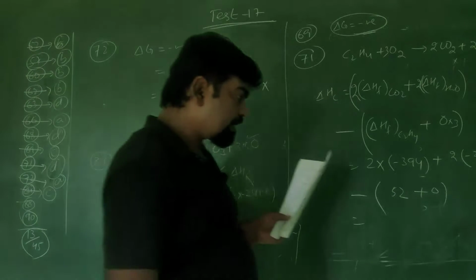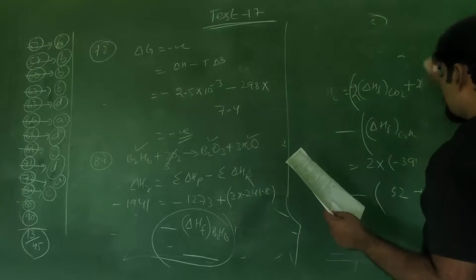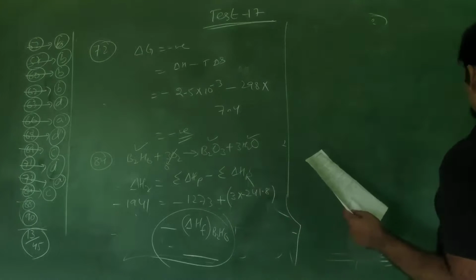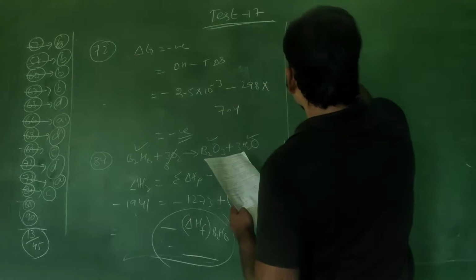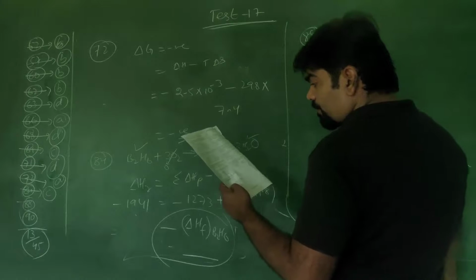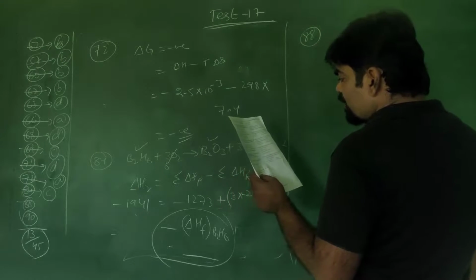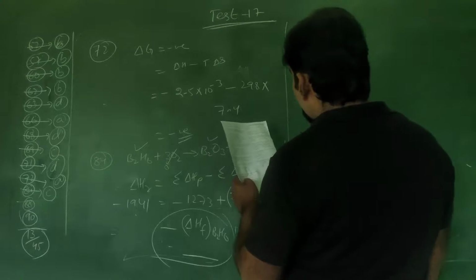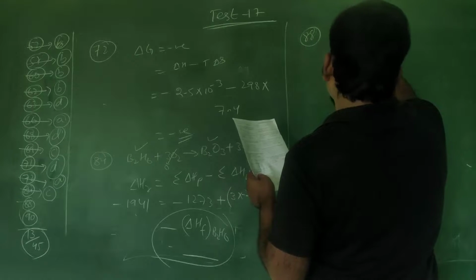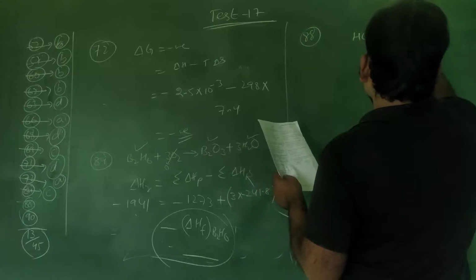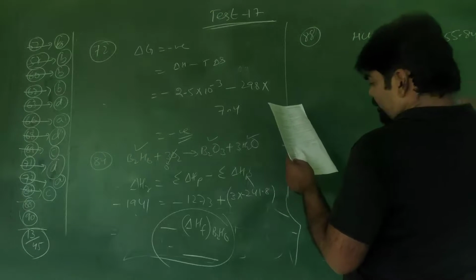Next is question number 88. Enthalpy of neutralization of HCl by NaOH is given, and by NH4OH is given. Find the enthalpy of ionization of NH4OH. So HCl plus NaOH, this value is given, minus 55.84.